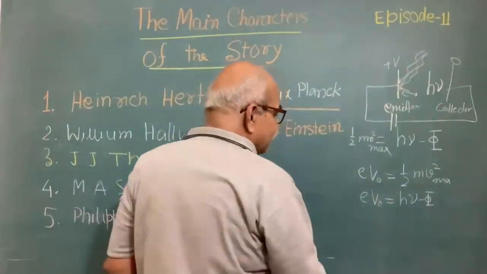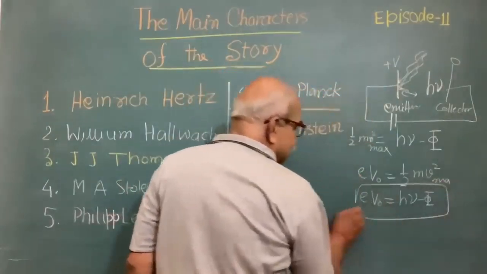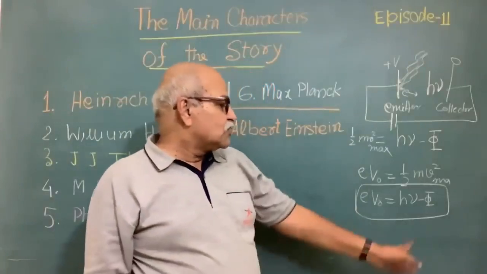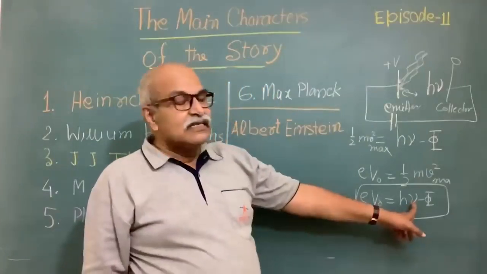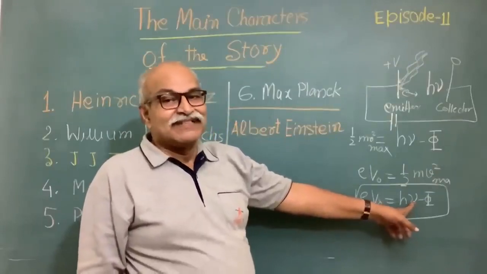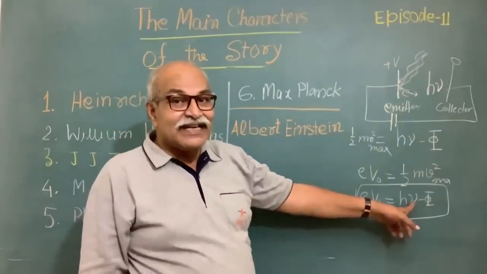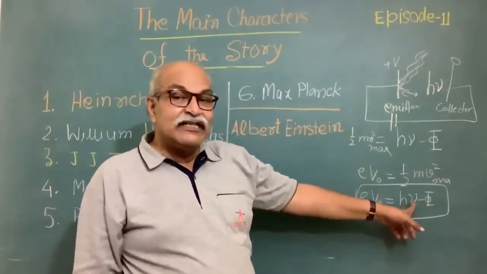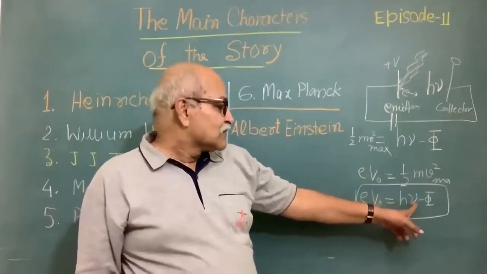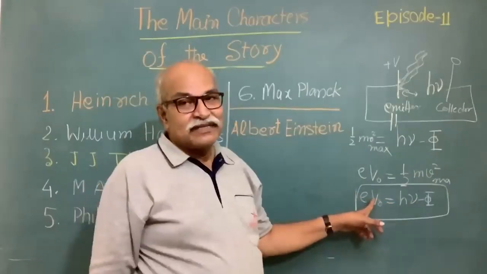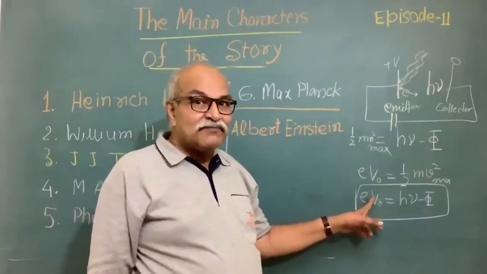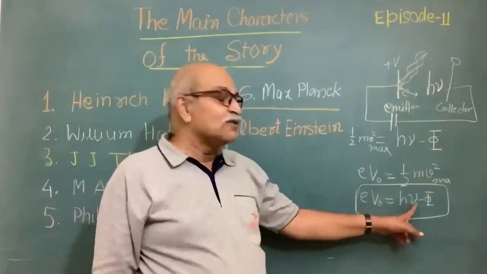But then he says that fine, if this is the case, so if someone does an experiment in which he or she uses light of different frequencies, different sources of light, and for each monochromatic source having a single frequency or a single wavelength, finds the stopping potential, and therefore collects data on stopping potential as a function of this nu.